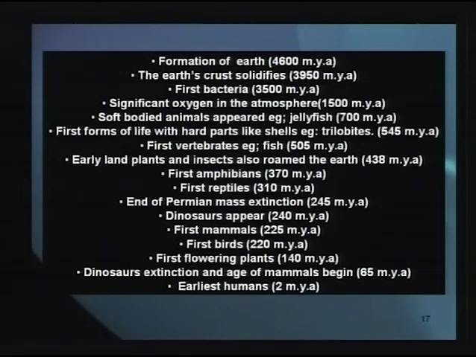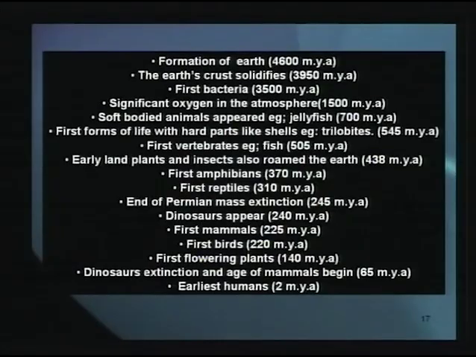Okay, I have now given you the events in order. What you can see on the screen, we started with the formation of the earth. And the last part on your timeline should show the earliest humans, which appeared 2 million years ago. That would be next to 0, between 10 and 0 centimeters on your timeline.